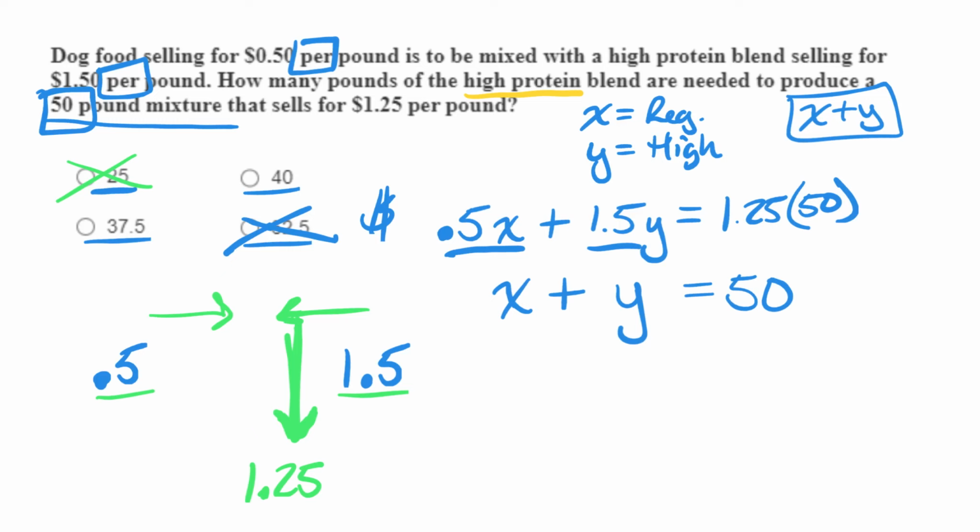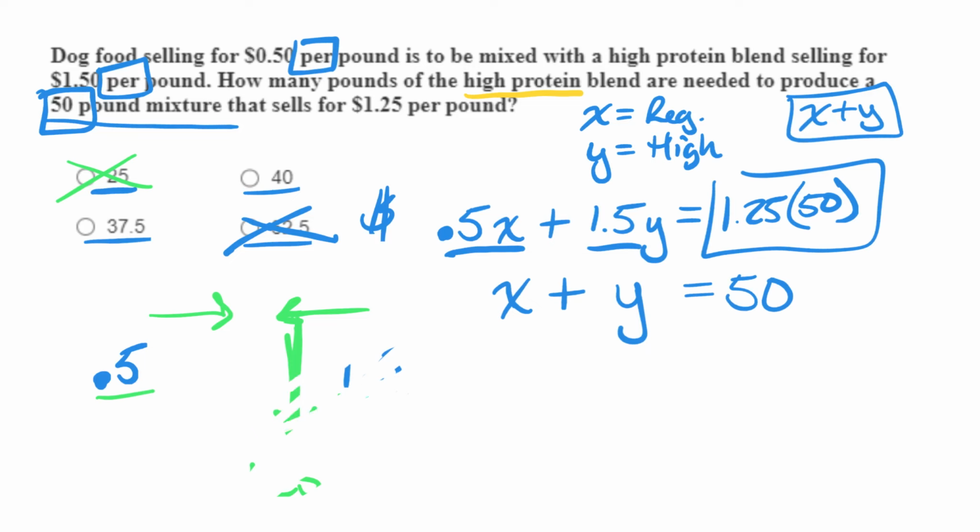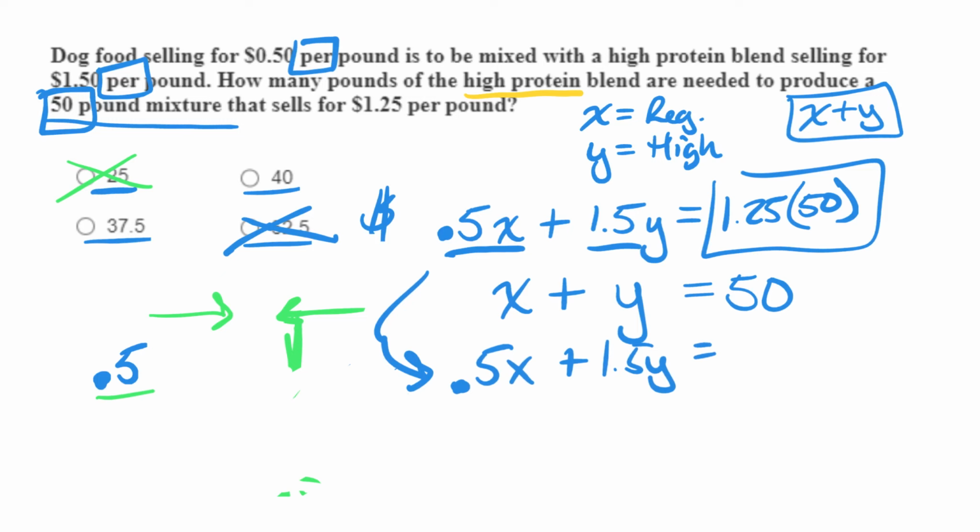I'm going to go ahead and write this below because this is a number. I'm going to remove this for just a moment because it's going to be in my way. But I'm going to just take this down and move it below after my change here, which is 0.5x plus 1.5y equals 1.25 times 50 is 62.5.